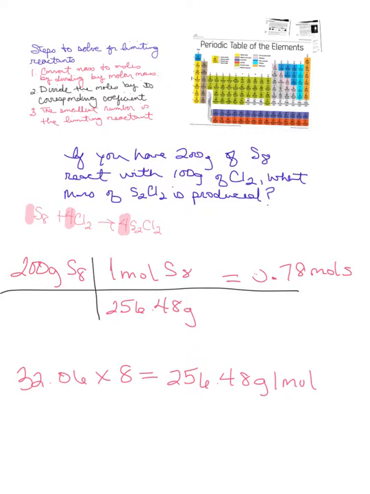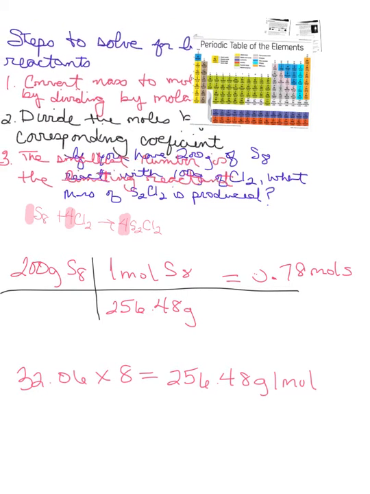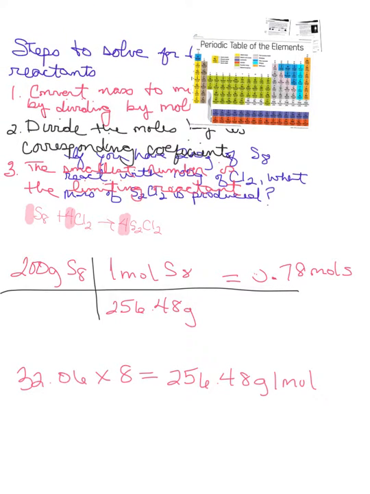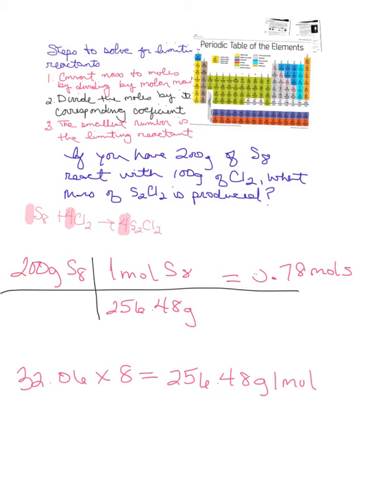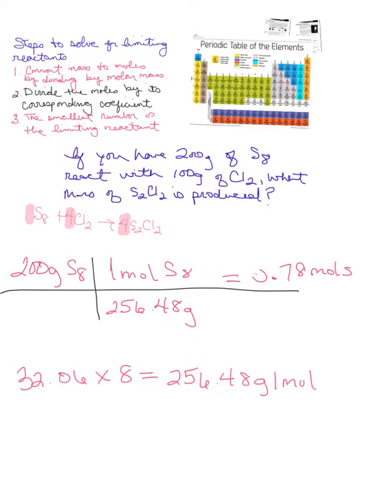My next step would be to divide the moles by the corresponding coefficient. So now I need to refer back to my balanced equation. I'm going to find my cyclooctasulfur and look for the coefficient in front of it to divide my moles by.